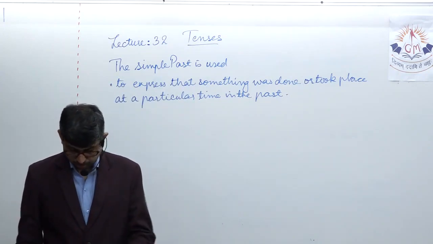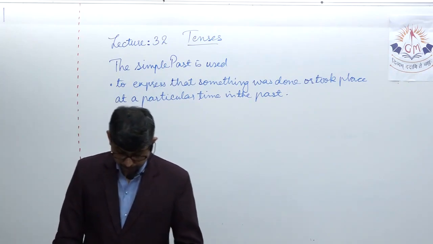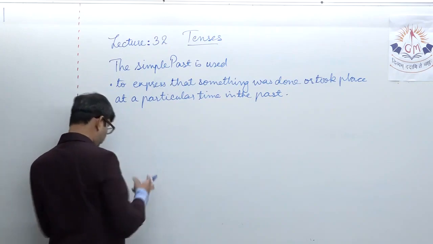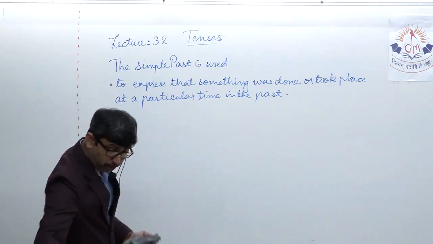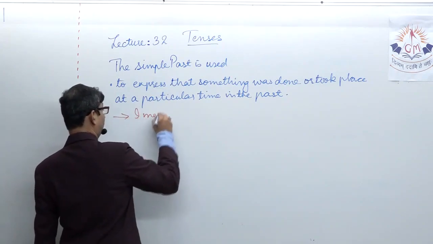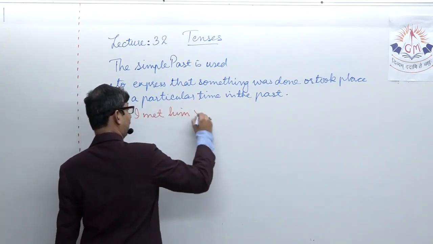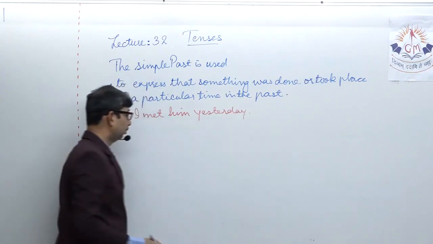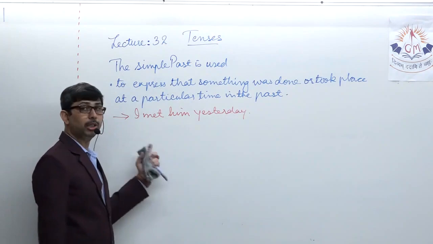Let's take a few examples based on this. I met him yesterday. That is what we say or use in order to show a simple past. Two important things that you need to look into here.